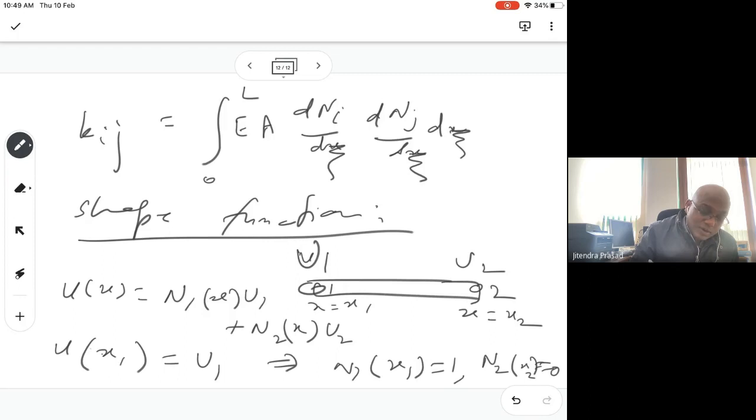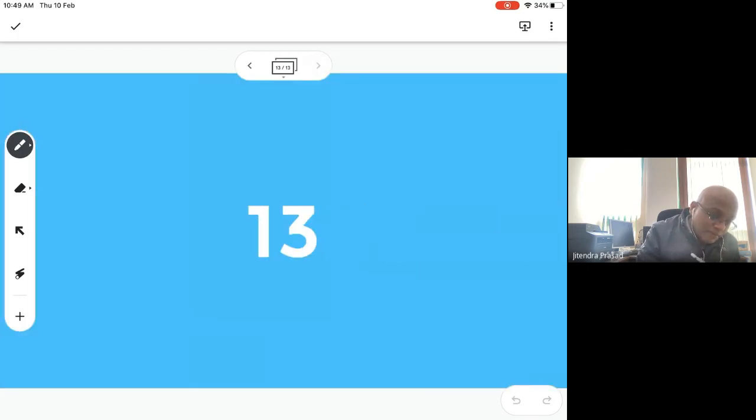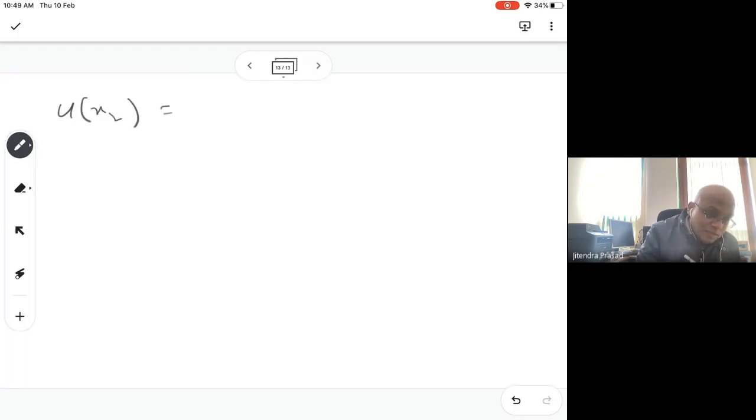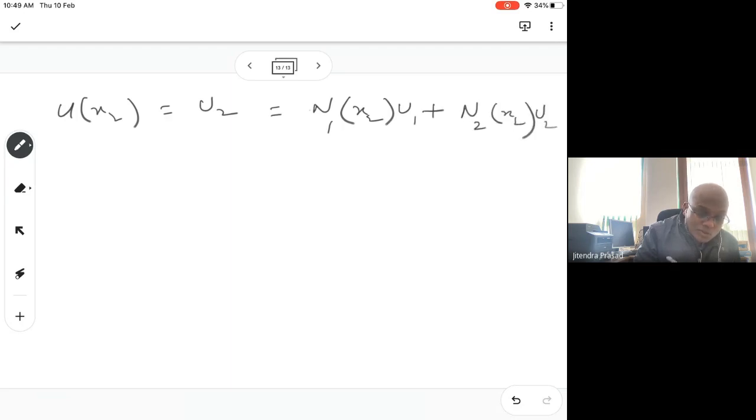And similarly u(x2) is equal to u2 is equal to N1(x2) u1 plus N2(x2) u2. That really means N1(x2) equal to 0 and N2(x2) equal to 1.